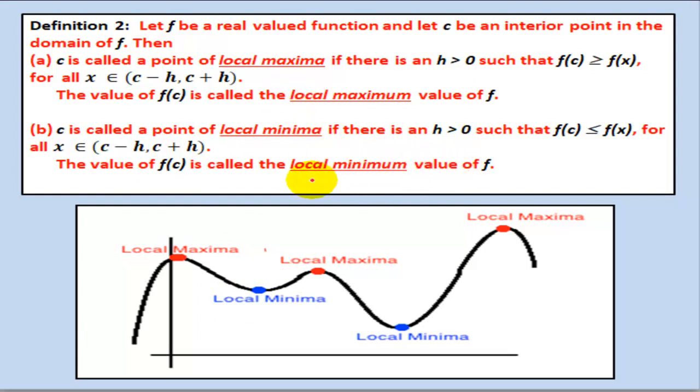Now why is the term local being used here? If you look at this curve, there are various points of maxima and minima. This is a point of maxima, this is a point of maxima, this is also a point of maxima. So within the given area or vicinity, you can say there are so many maxima.